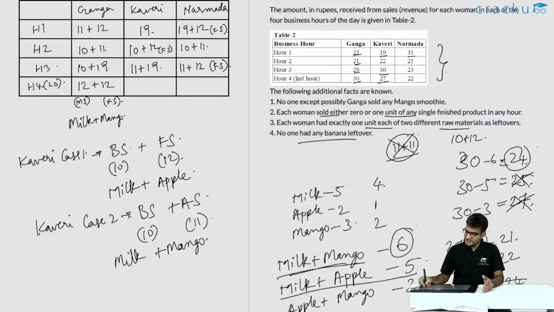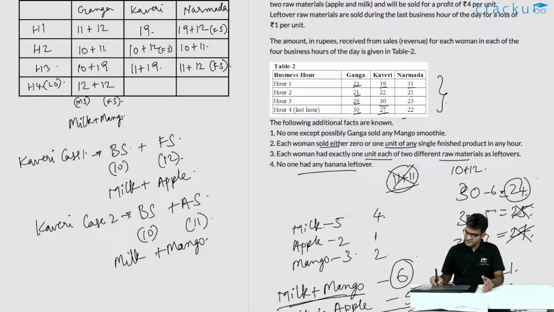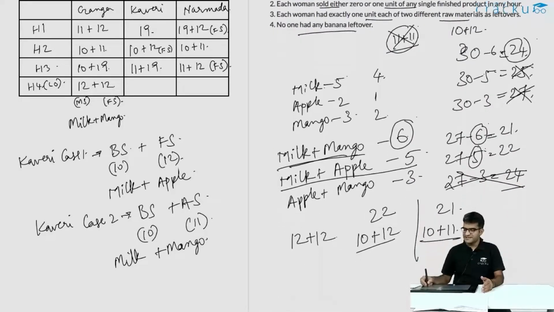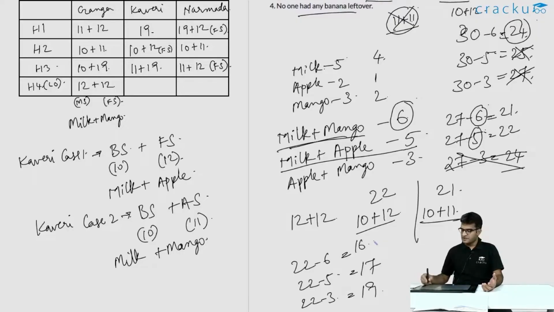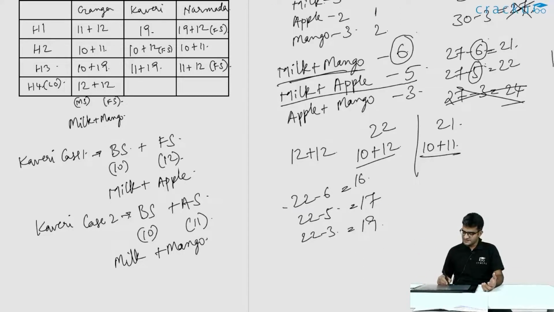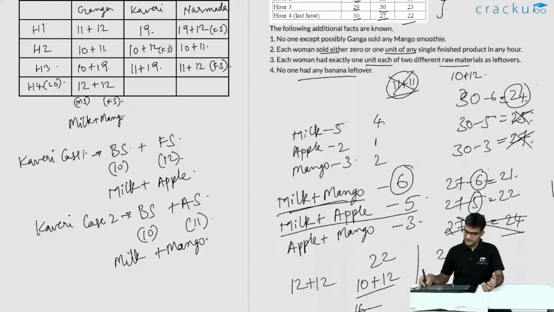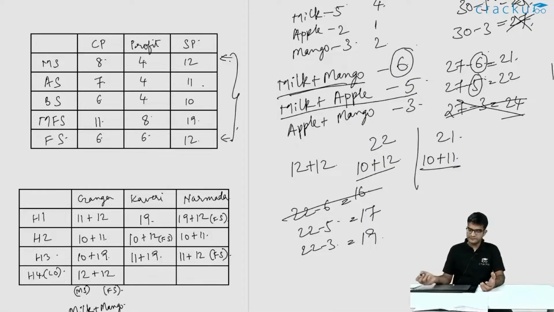The total money that Narmada made in the last 1 hour is 22. So the money that she made by selling finished products is either 22 minus 6, or 22 minus 5, or 22 minus 3. 22 minus 3 is 19, 22 minus 5 is 17 and 22 minus 6 is 16. You can't express 16 as a sum of any of the numbers that are given in the table over here.